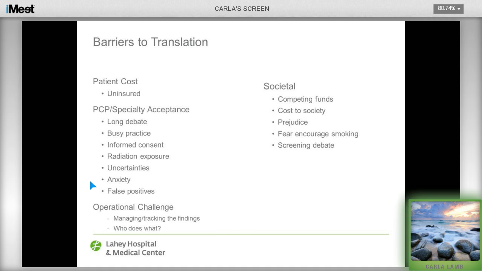And by engaging them in your program early with educational tools and equipping them with resources, the thing that we've identified is that for the average primary care physician who has, say, 2,500 patients in their patient profile, probably less than 75 of those patients will actually meet the criteria for screening, and of that, only maybe 4 or so would have a positive Lung-RADS finding that would suggest escalation of care.